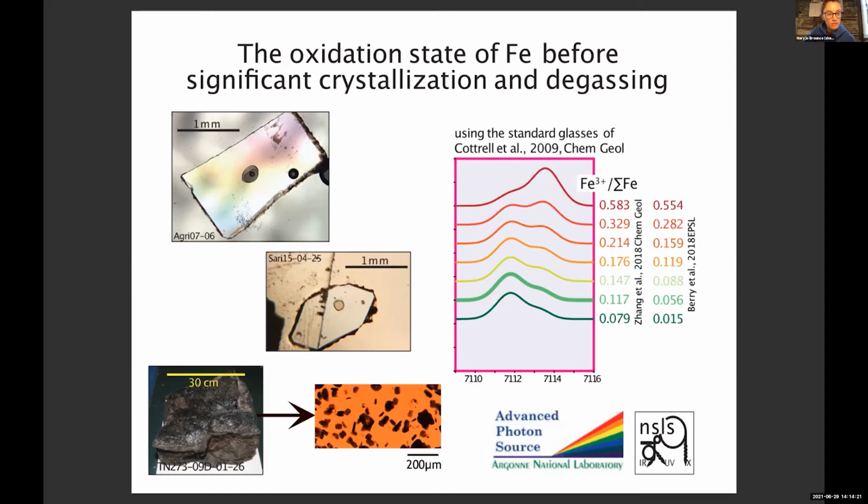So here's a pillow lava from the Western Equatorial Pacific. And if you were to thin section this glass in the same kind of way, you'd get something like this. You see that even in this beautiful, glassy, fresh sample, when you polish and look at it under magnification, there's a bunch of little quench crystallization everywhere.